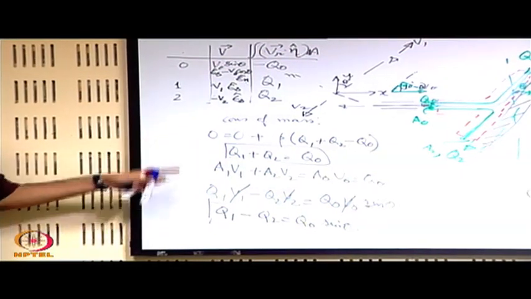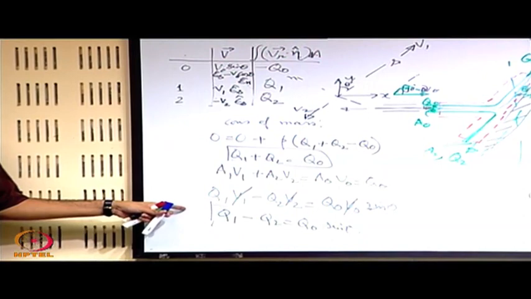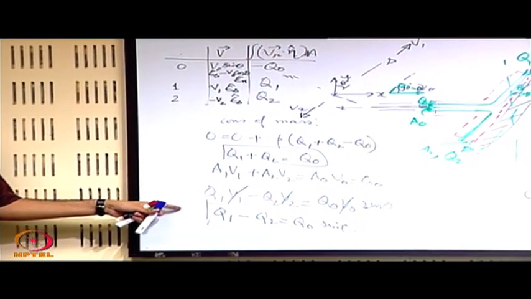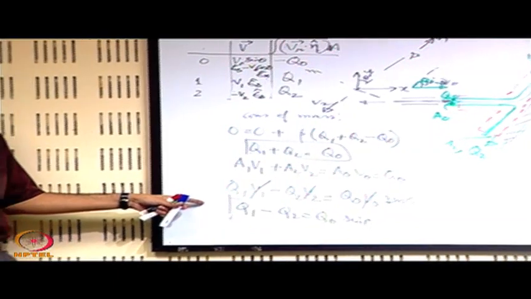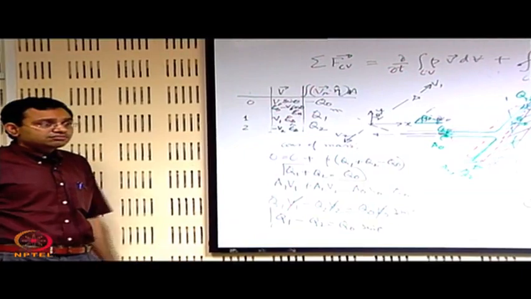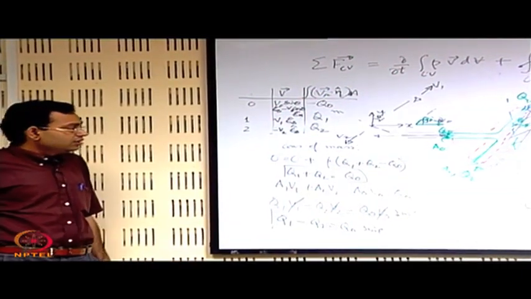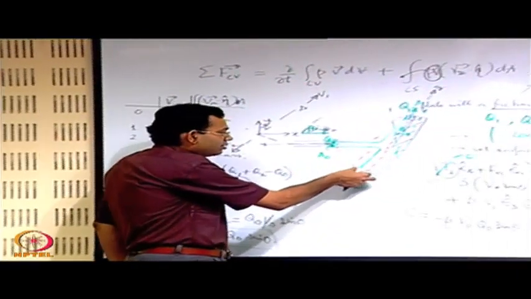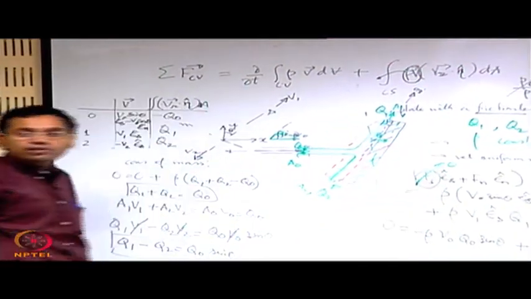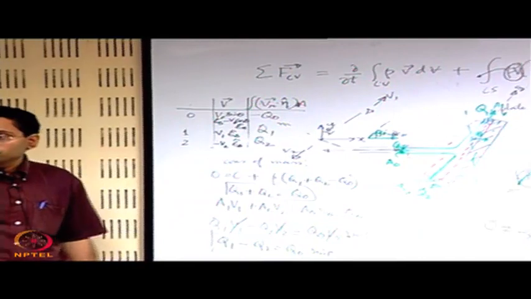So you can solve for Q1 and Q2 individually as a function of theta from these two, very simple. And important thing is, it does not require any information on what are the areas of these liquid films at 1 and 2. So it does not require what is A1 and what is A2.